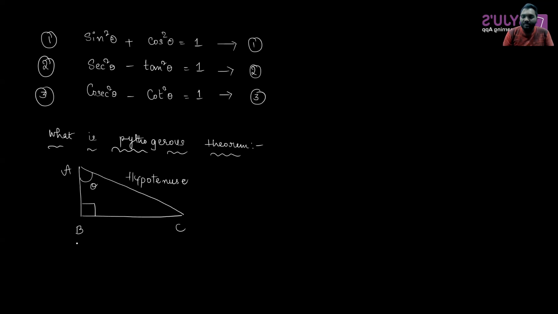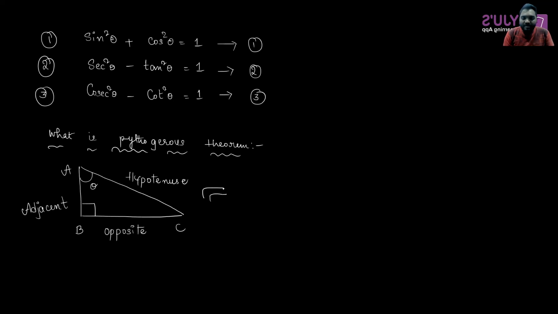Let us assume theta is at A. Then BC will be the opposite side, because it is lying opposite to the angle theta. The adjacent side is the side immediately adjacent to theta.